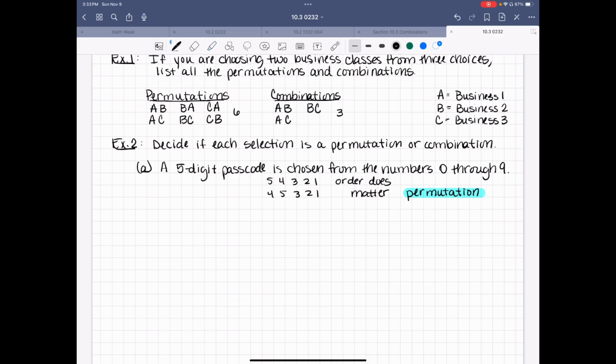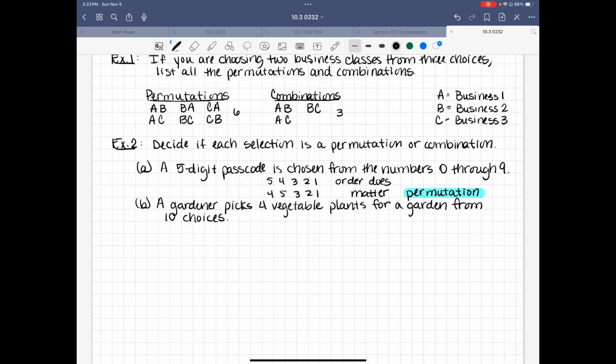Okay, let's look at B. B says a gardener picks 4 vegetable plants for a garden from 10 choices.